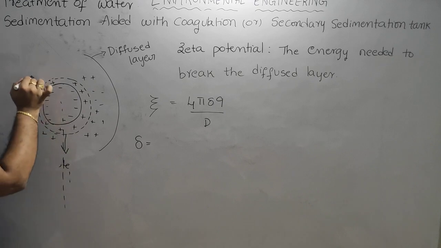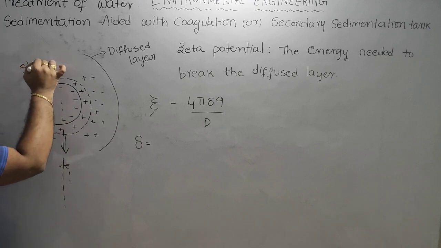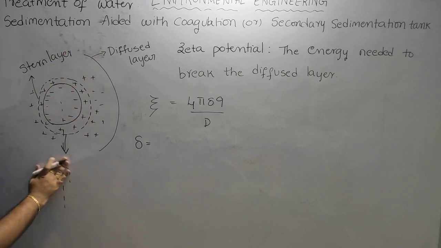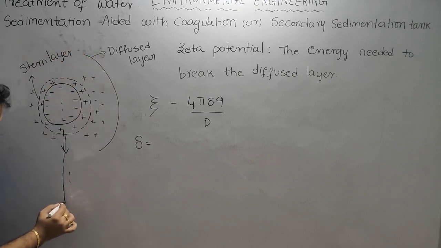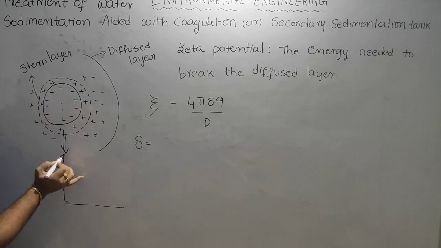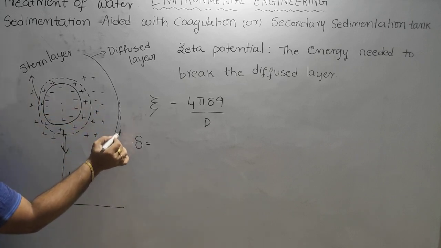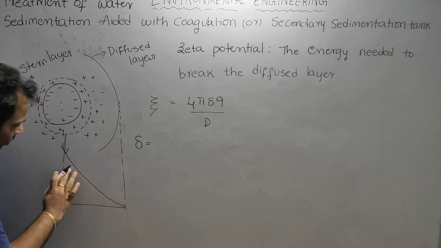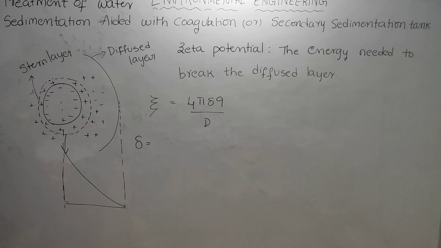The charge is maximum at the Stern layer and gradually becomes zero when reaching the boundary of the diffused layer.